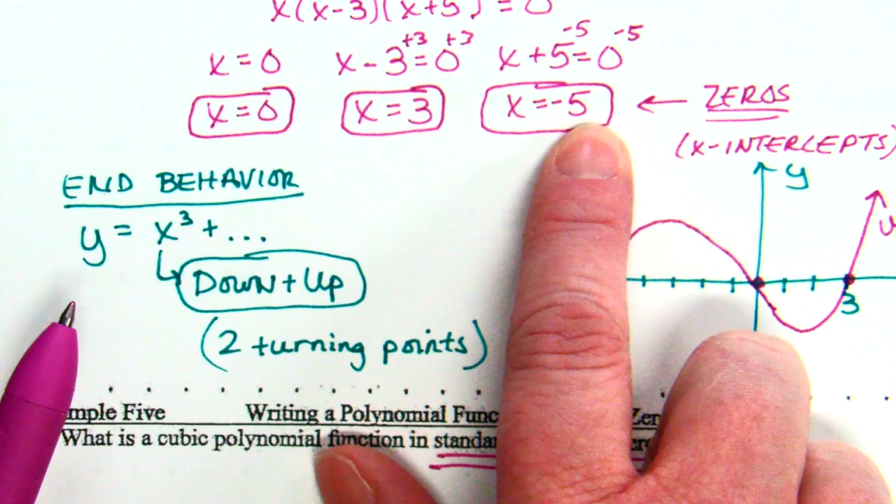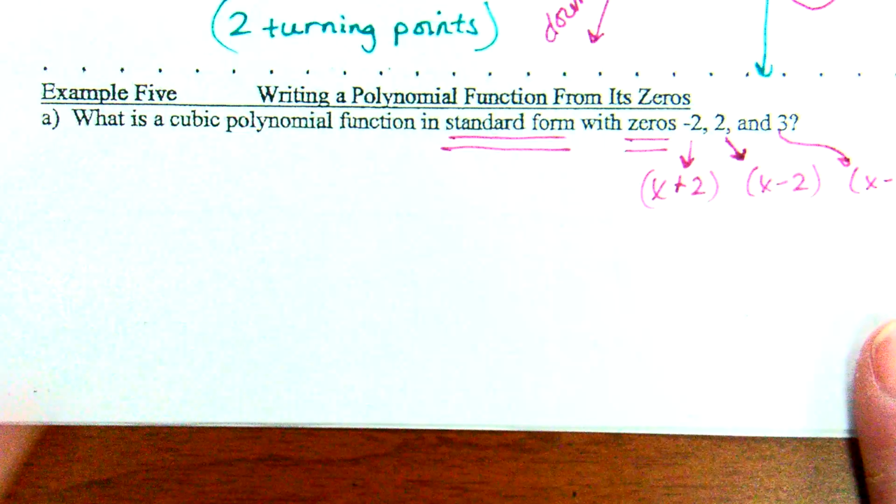So a 0 of negative 2 comes from x plus 2. It's always the opposite sign. What about 0 of 2? It's x minus 2. What about a 0 of 3? x minus 3.